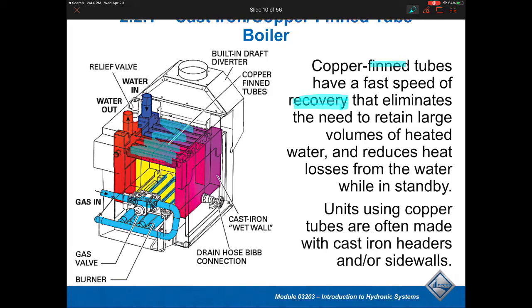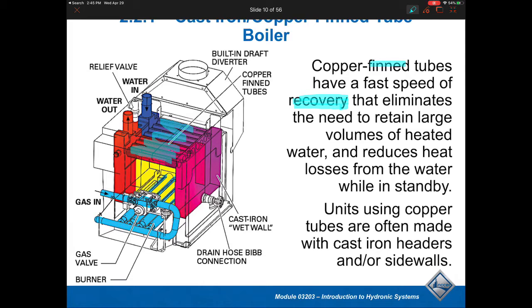The water has to flow through those tubes, and the flame generally goes around the outside of those. So the volume of water is fairly low, and it can heat up the water very, very fast. So you don't have a lot of standby losses.